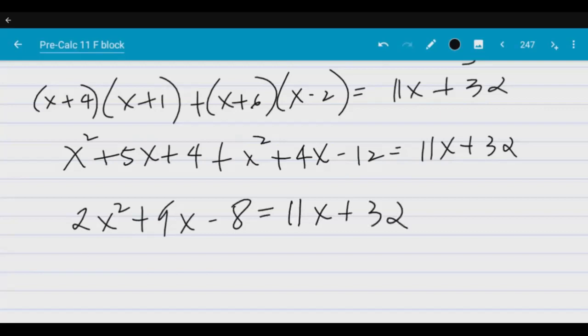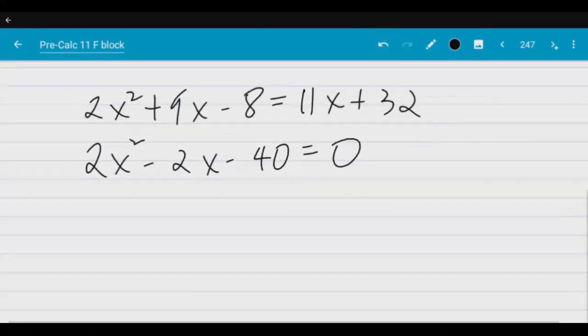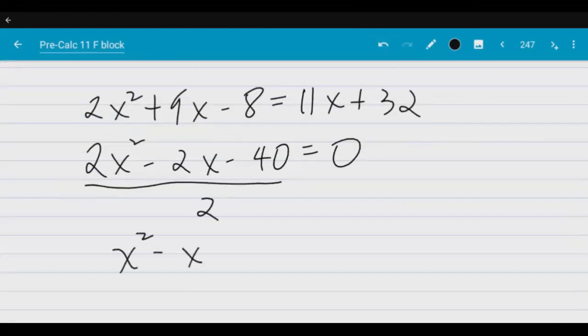Gathering everything on one side, 2x squared remains the same. This 11x goes to the left. It becomes negative 11x plus 9x becomes negative 2x. 32 becomes negative 32 as it moves to the left. It becomes negative 8 minus 32 becomes negative 40. And I think everything can be divided by 2. So if we divide everything by 2 to simplify it, x squared minus x minus 20 is equal to 0.